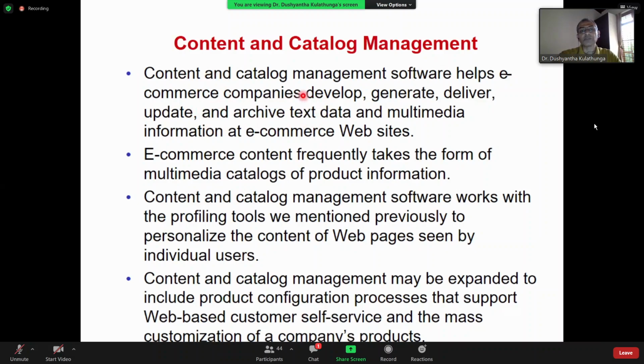Likewise, there can be different options available under content and catalog management software, which helps you manage the content in your e-commerce website. Depending on your organization, what you need to display on the website can change. Anyhow, you need to develop necessary content to attract prospective customers or users to your website and to enable them to access what they want.